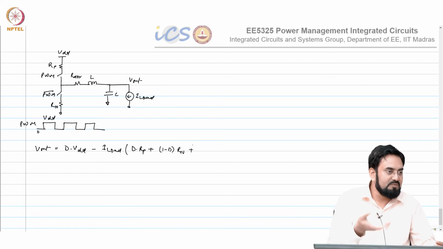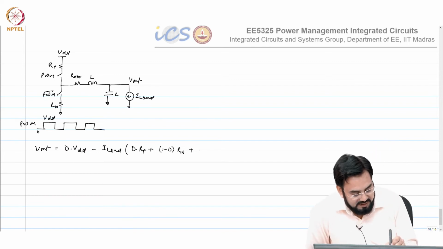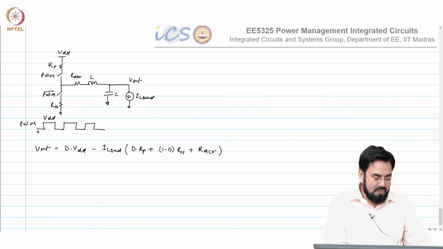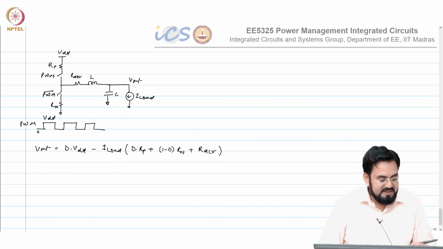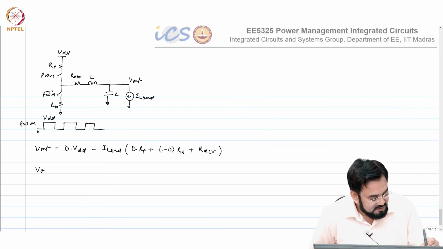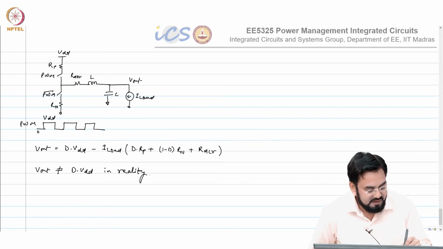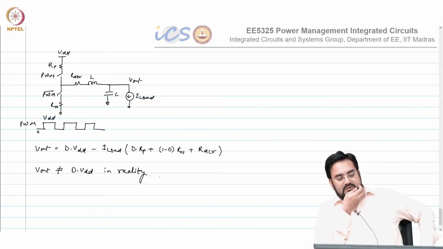The current will flow during both on and off time, so it will be only R of DC, correct. Which means V out is no longer D times VDD in reality. So, what do I do?